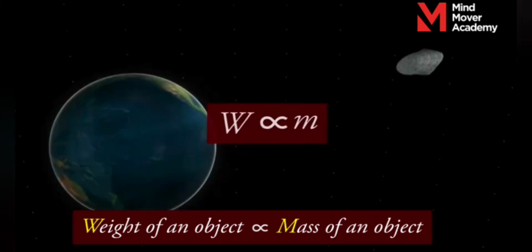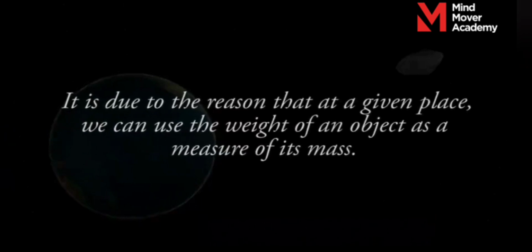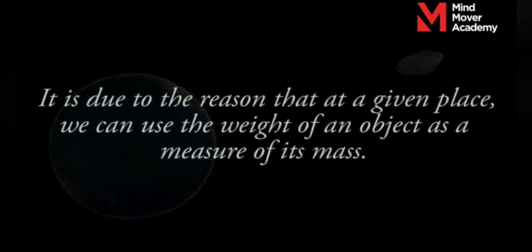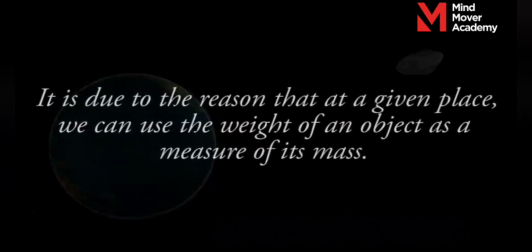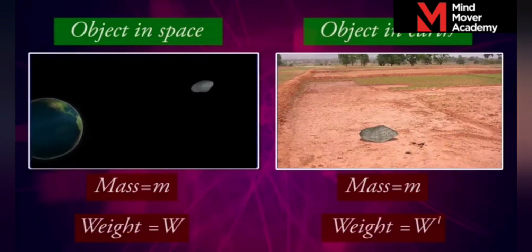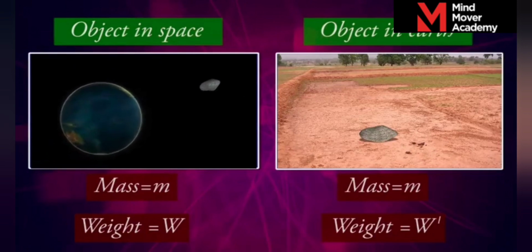That is, W is directly proportional to m. It is due to this reason that at a given place, we can use the weight of an object as a measure of its mass. The mass of an object remains the same everywhere, that is, on the Earth and on any planet, whereas its weight depends on its location.